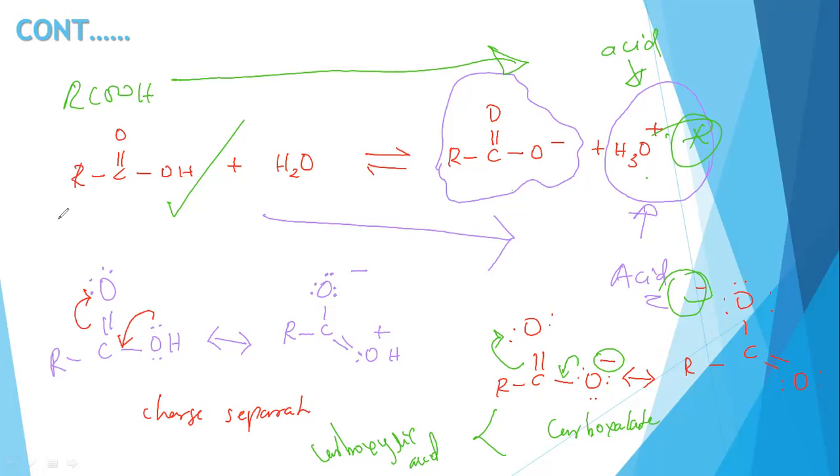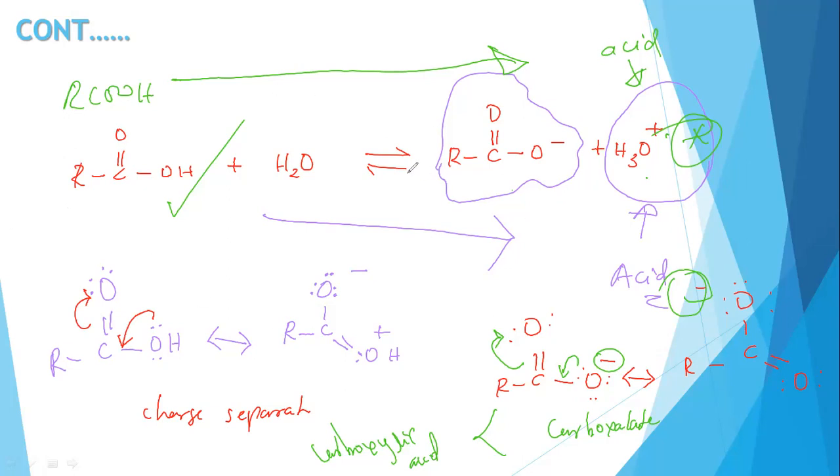I couldn't remember, but sometimes they used to ask why the acidity strength of the carboxylic acid is higher than phenol and others. You are able to explain this statement by using charge separation and resonance stabilization. In the forward reaction, the production of the acid H3O+ on the right side is more favored than the production of the carboxylic acid backward.